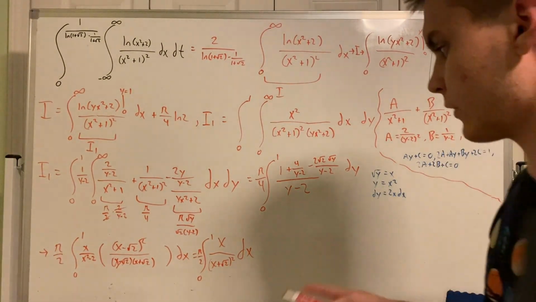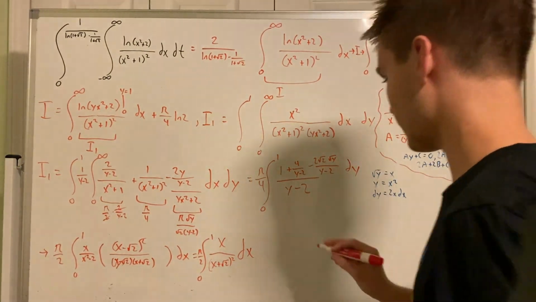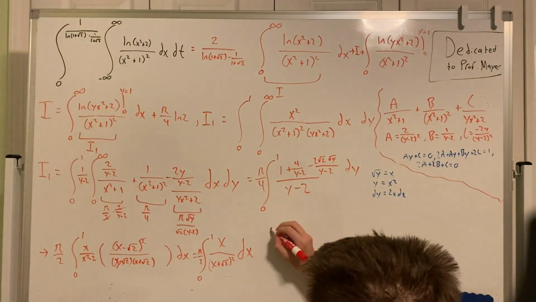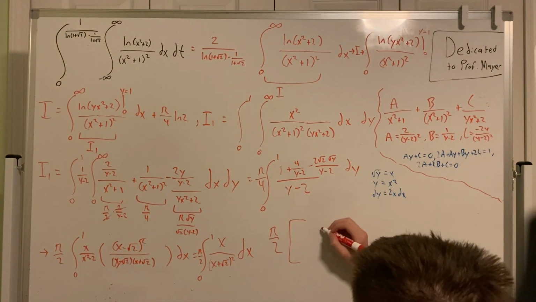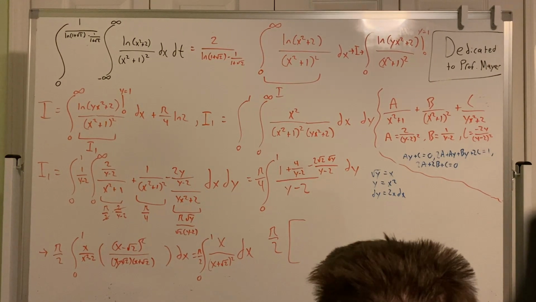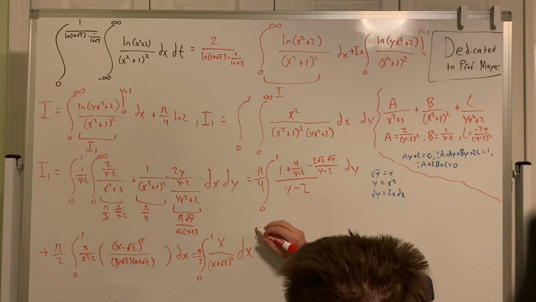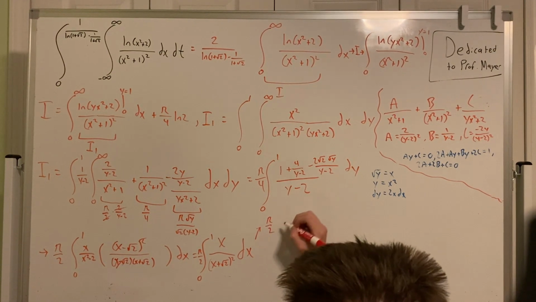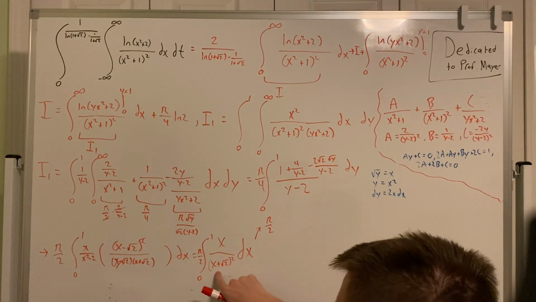Okay, so this one, there's a couple ways you can do it, but the simplest way I believe is integration by parts. So we have pi by 2, all multiplied by the integral. It's a large dx, by the way. So we differentiate x and we integrate this.